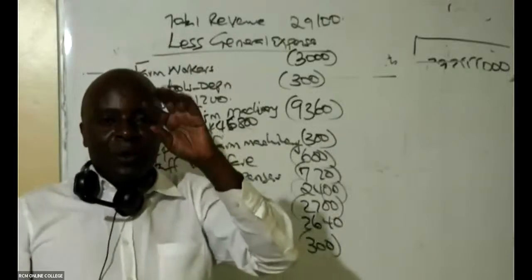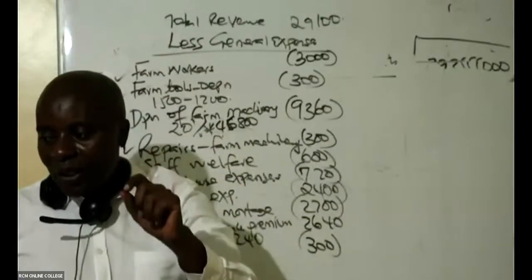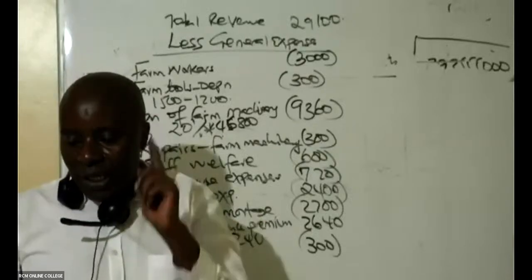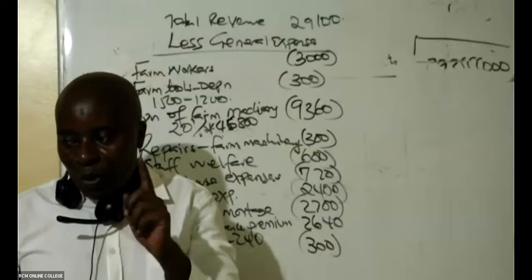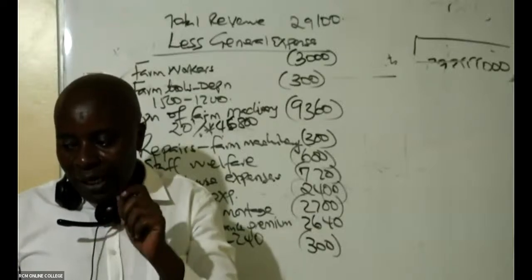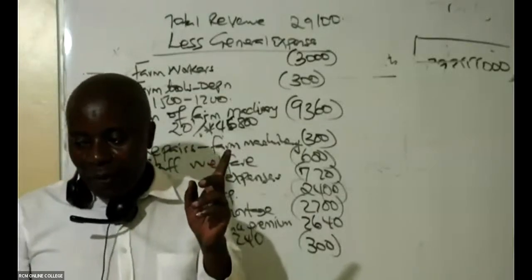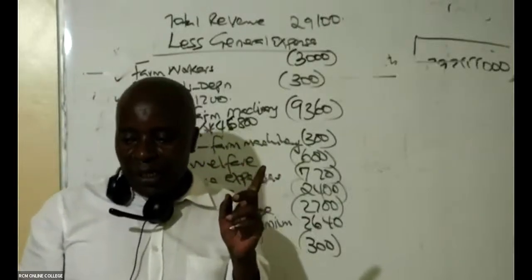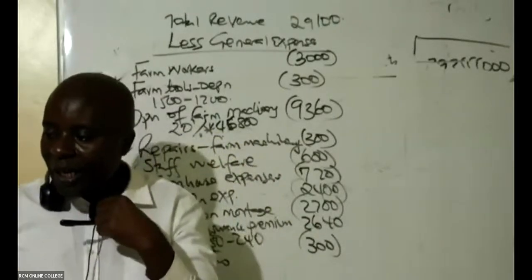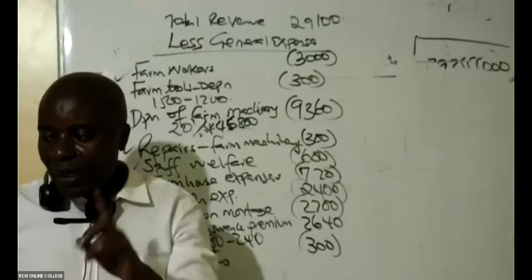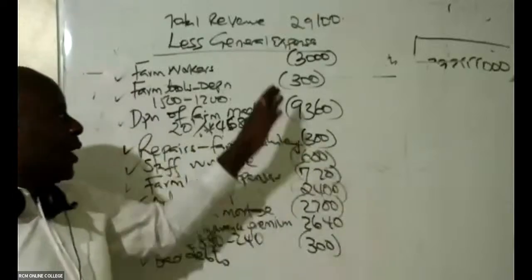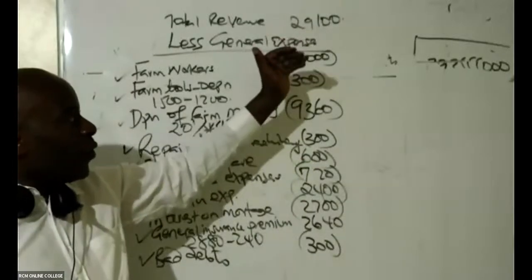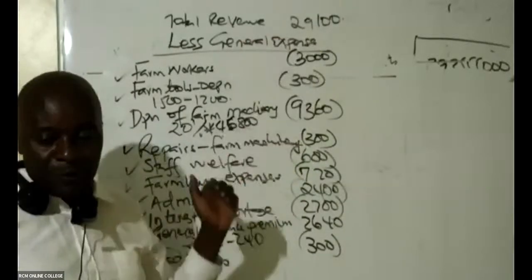Crops gave us 2,610, and livestock gave us 26,490, from the revenue accounts. When you add the two, you get 29,100. I already did this for the purpose of saving space.